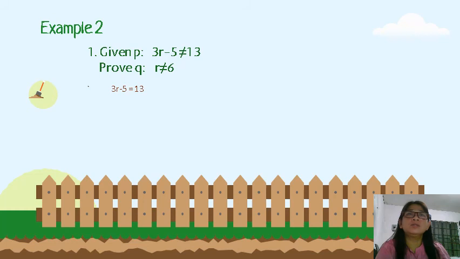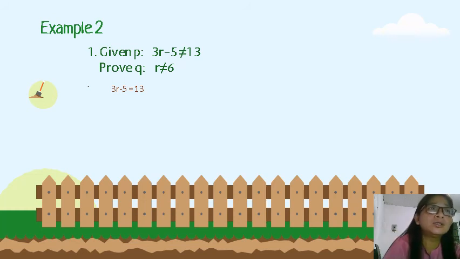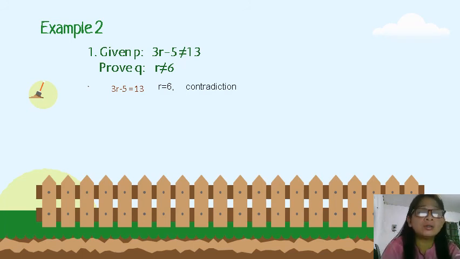So again, we have to assume the contradiction. So we have now equal na ang ating given. So we have 3R minus 5 is equal to 13. Kanina not equal. And then we have R is equal to 6. Kanina is R is not equal to 6. So this is the contradiction.